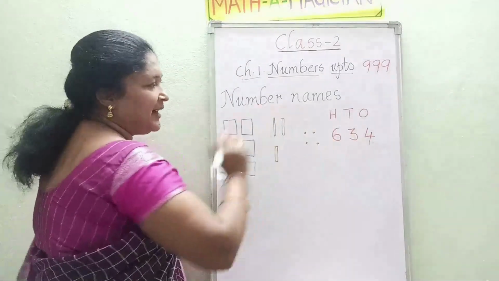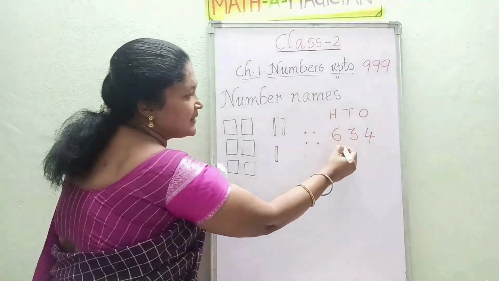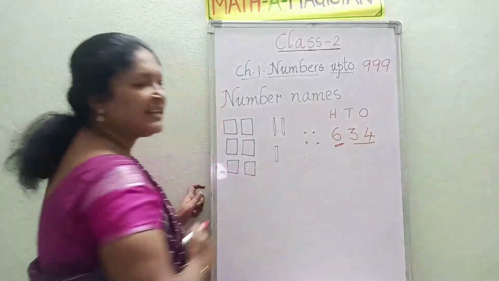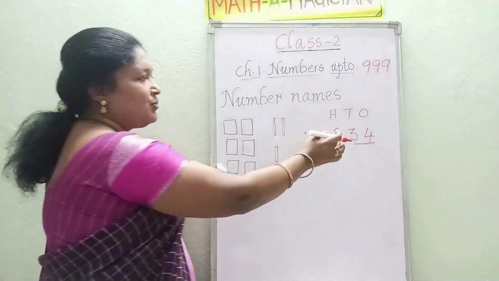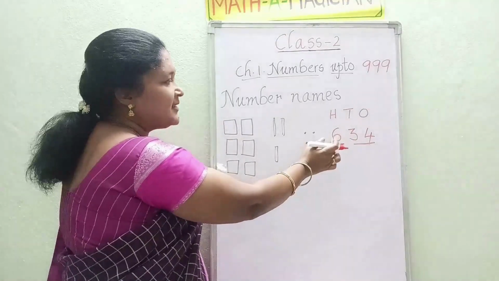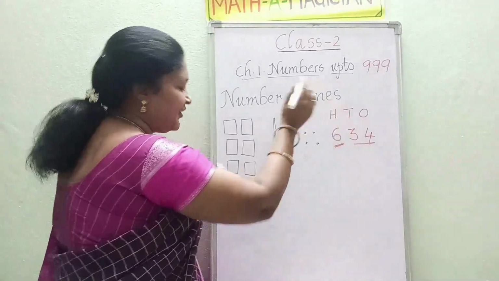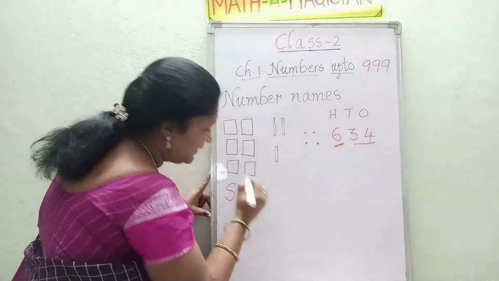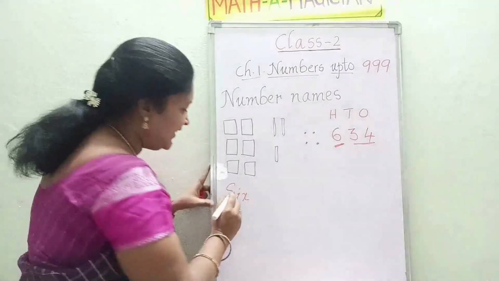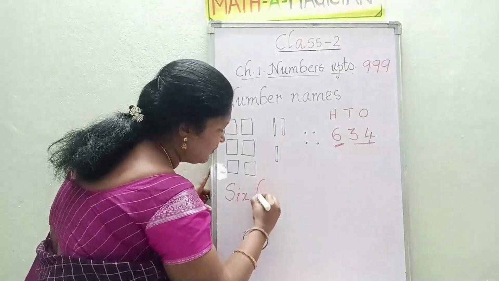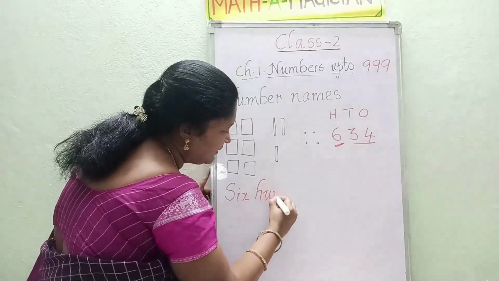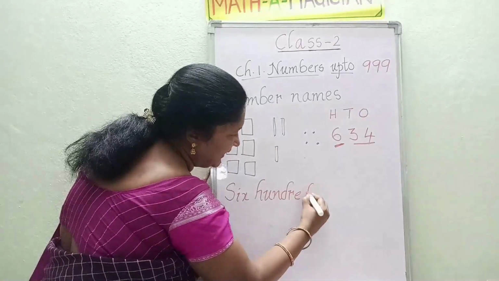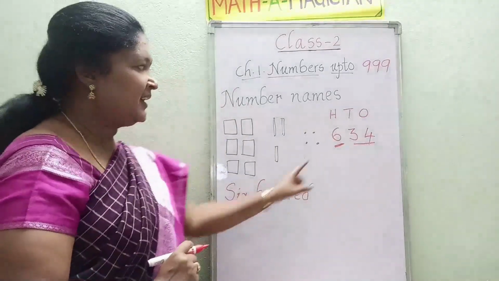And what is the number name for that? So we should write the spelling. So first hundreds place, then tens and ones together. So which number is there in hundreds place? 6. So 600. First letter is the capital letter. SIX HUNDRED.